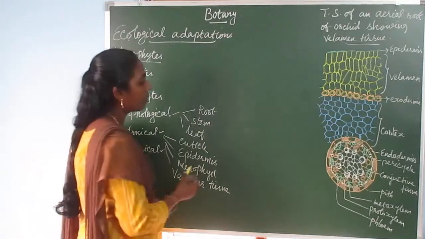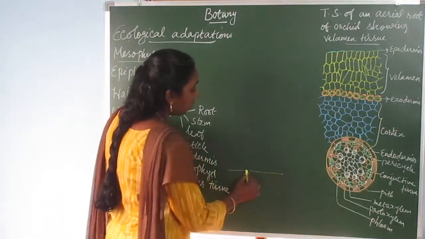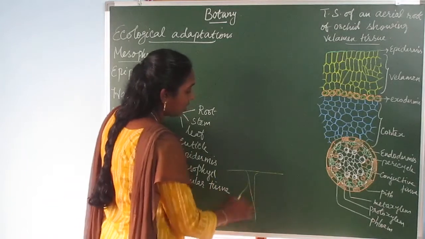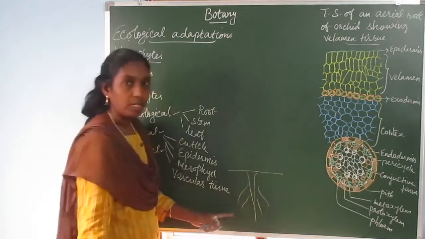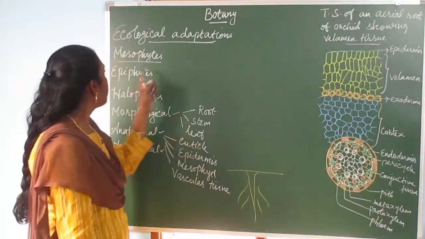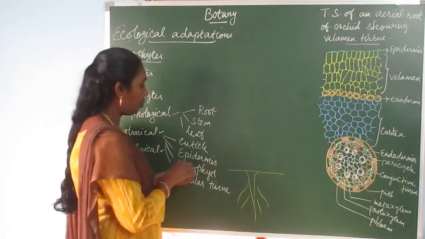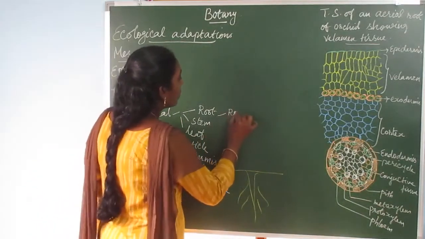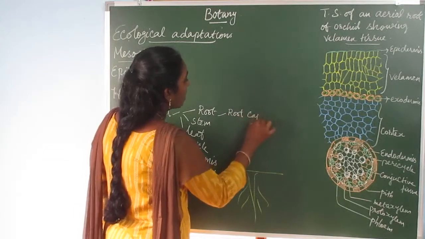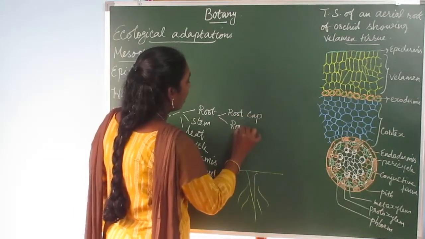Normally, when the plant grows, the root system is produced under the ground. So here is the root. In mesophytic plants, the root consists of root cap as well as root hair.